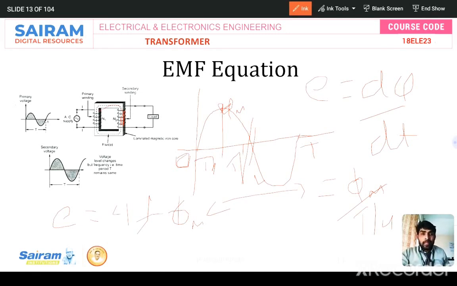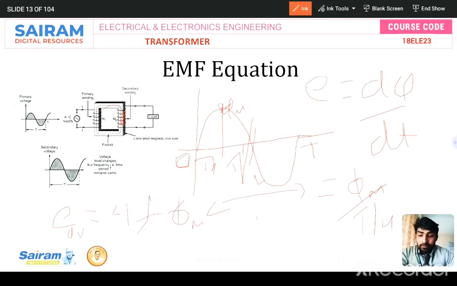What about the form factor formula? Form factor is RMS value by average value, right? RMS value by average value is 1.11. So I'll take the RMS value over here, and this is the average value, okay? So E average is this one, right?